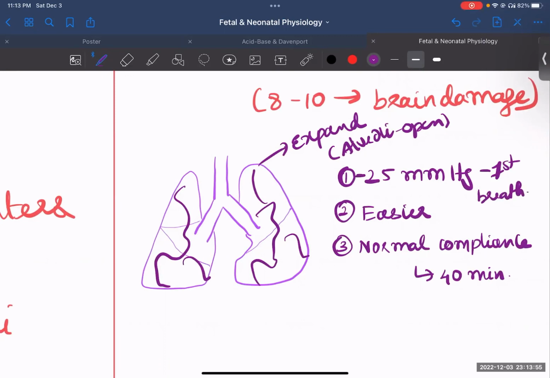The second breath is going to be easier compared to the first breath because the lung is already expanded. After 40 minutes of birth, the lung is going to return to the normal compliance of a normal human being. Until then, it is going to adapt to the compliance.